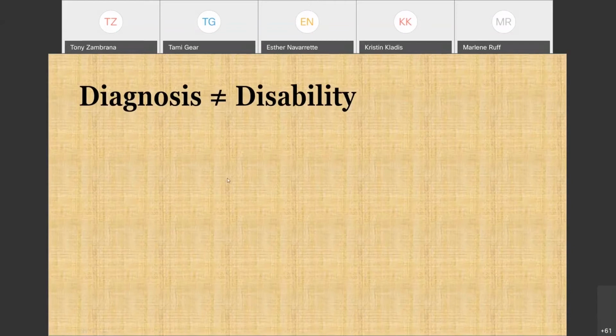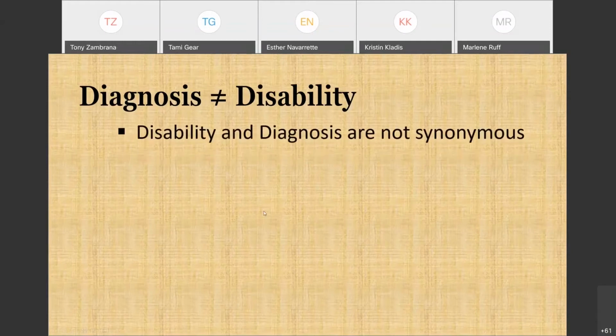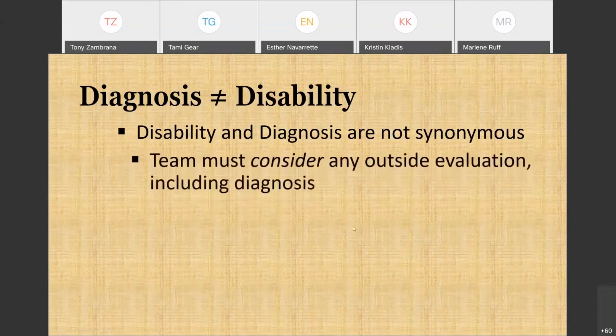They are not the same, okay? You may go have a doctor that writes a note that says this child has ADHD or this child has anxiety, okay? That is good. That information can be used as part of the eligibility determination, but just because you have a diagnosis does not mean that they qualify under one of those disabilities.